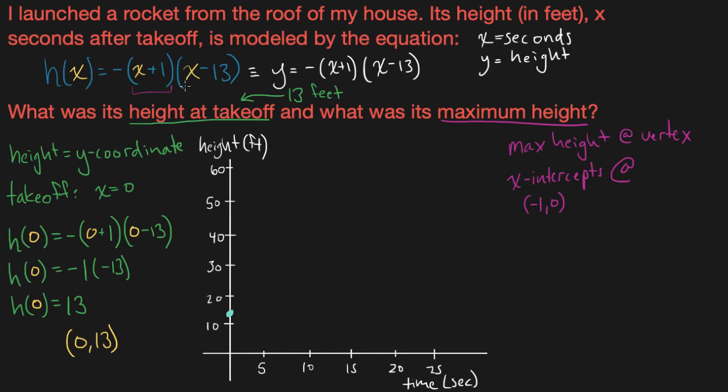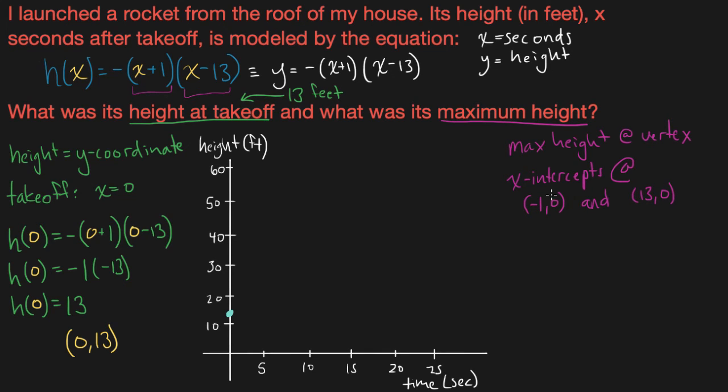Remember, our y-coordinate is 0 whenever we're right on the x-axis. And then here, I can tell that I have another x-intercept at +13, because if I substituted in +13 for x, then I would have 13 minus 13, which is equal to 0. And so this set of parentheses would be equal to 0. That would multiply to make the entire right-hand side equal to 0. And so I have another x-intercept at (13, 0).